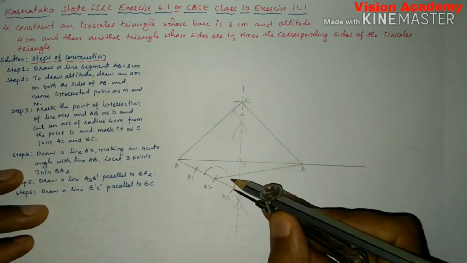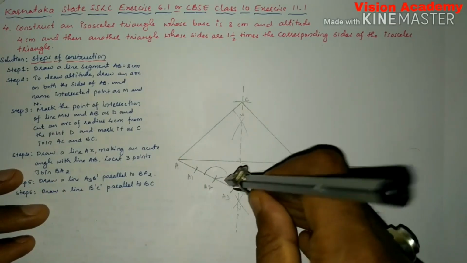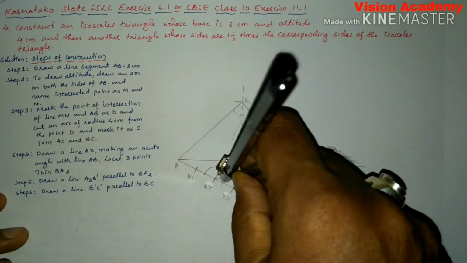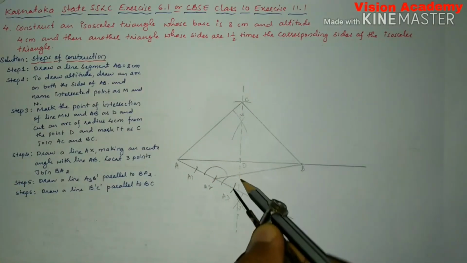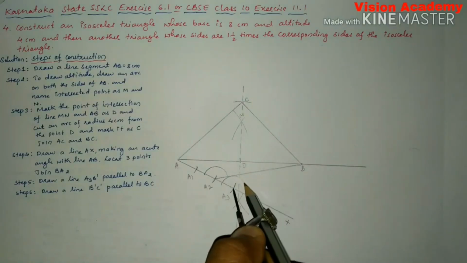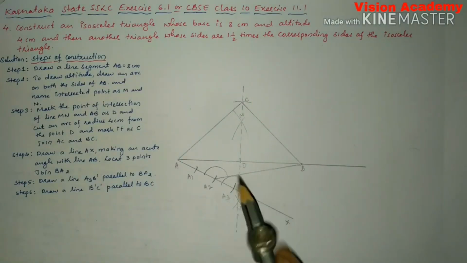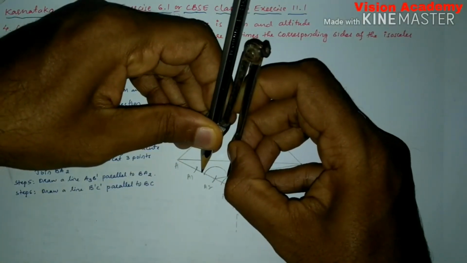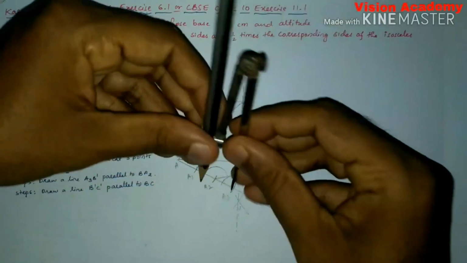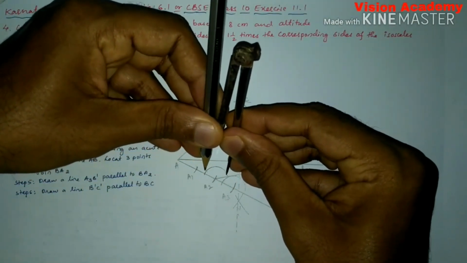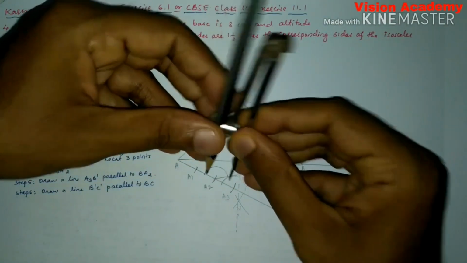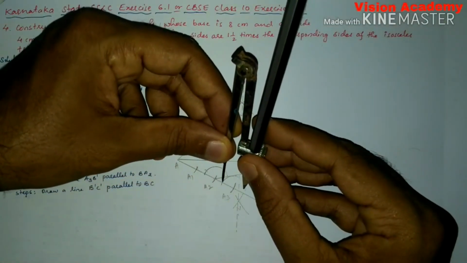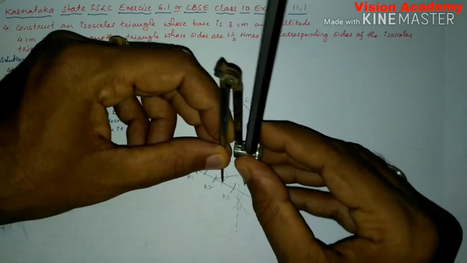Same arc you can draw here, keeping it on point A3. Now let us take the length of this arc.